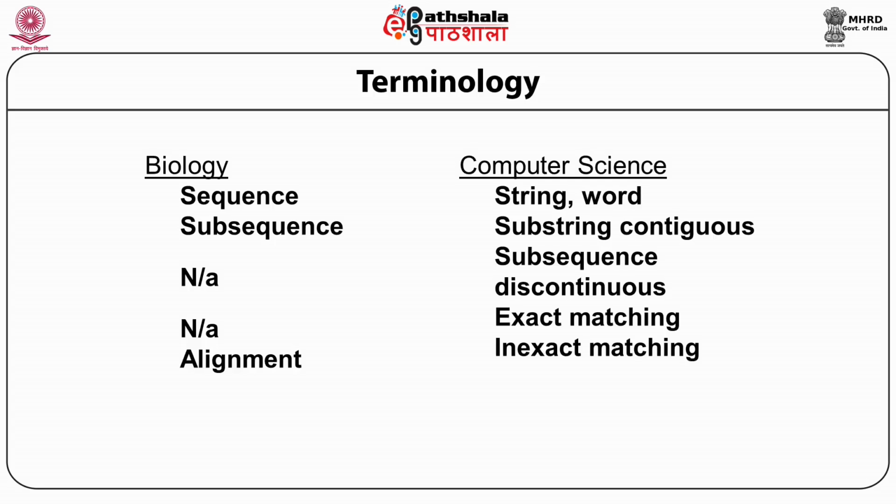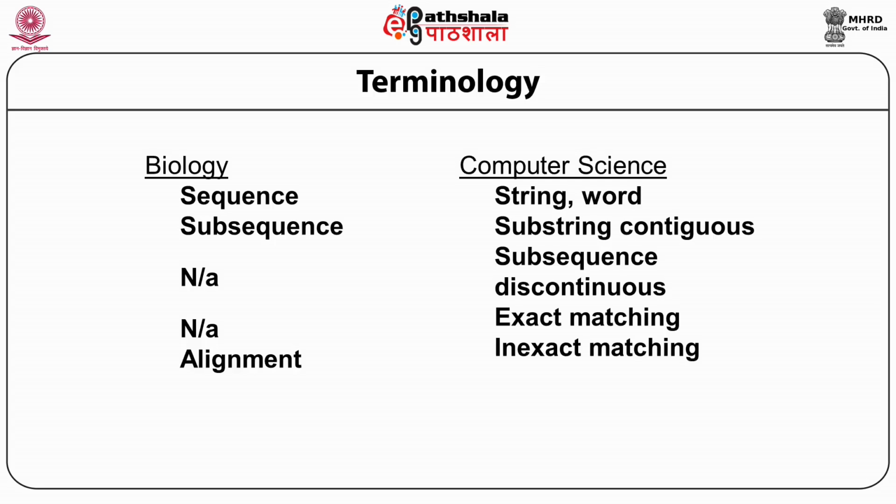Unfortunately, the terminology used in computer science and in biology are sometimes different. What in biology we call a sequence, in computer science becomes a string or a word. If it is a subsequence in biology, it becomes a substring, a contiguous subsequence. And if it's an alignment, it can be an exact matching or an inexact matching.